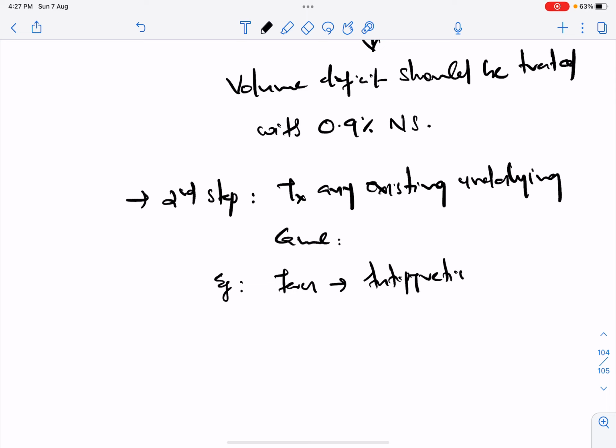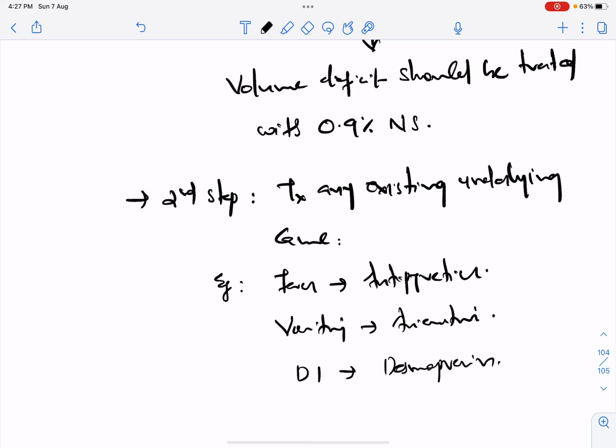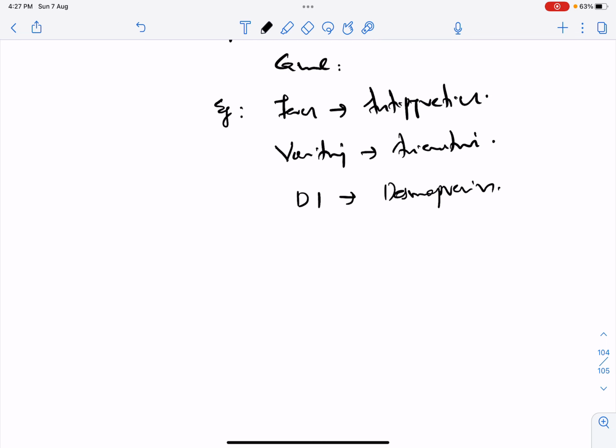Okay, and for vomiting you can give antiemetics. Okay, for diabetes insipidus you can treat with desmopressin. Okay, that is the second step. Now moving on to the third step.